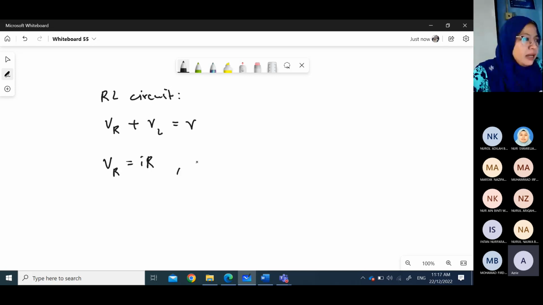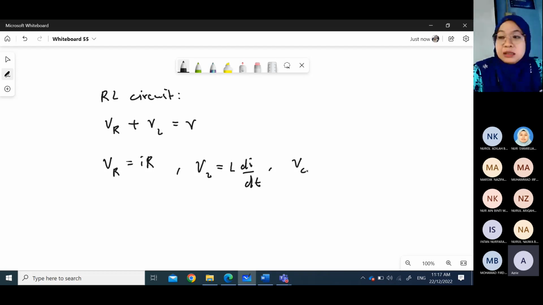And we have VL, which is the voltage across the inductor. The inductor is L di dt, where L is the inductor multiplied with the rate of change of current at any time t. We have another one, which is the voltage across the capacitor, which is 1 over C, where C is the capacitor, multiplied with Q, where Q is the charge.